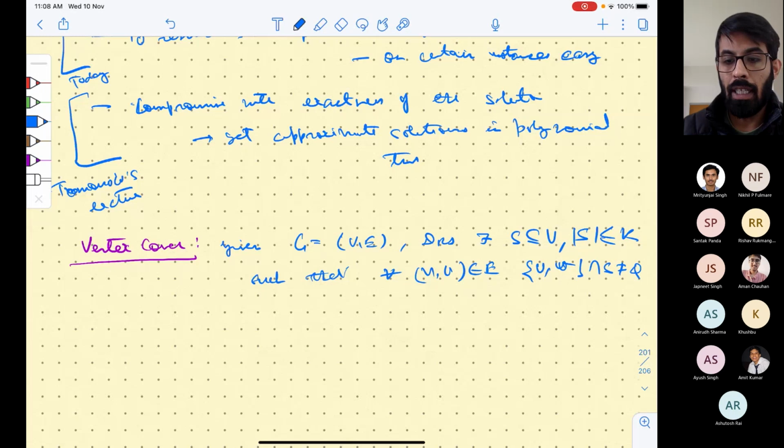Right? Either u is in S or v is in S, or both. So this is the problem that we want to solve, but we know that this problem is NP-complete.